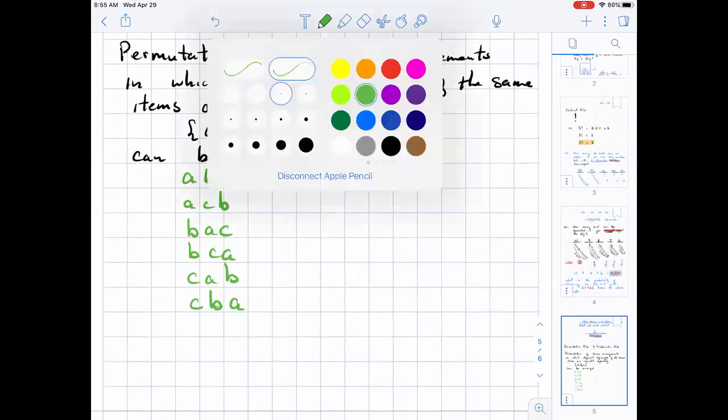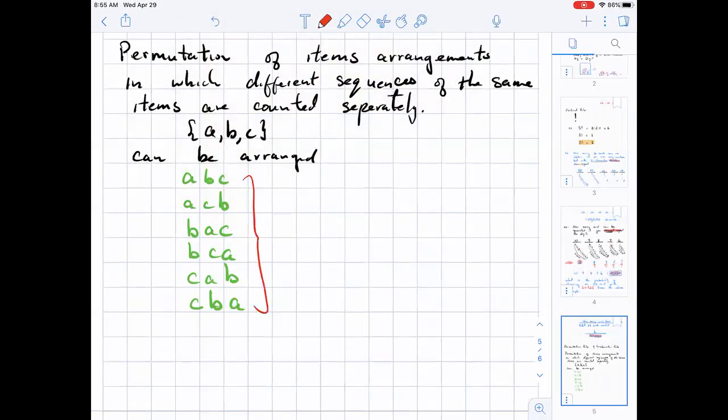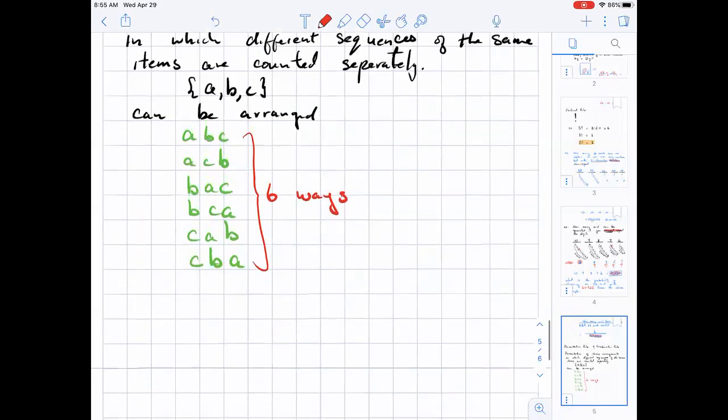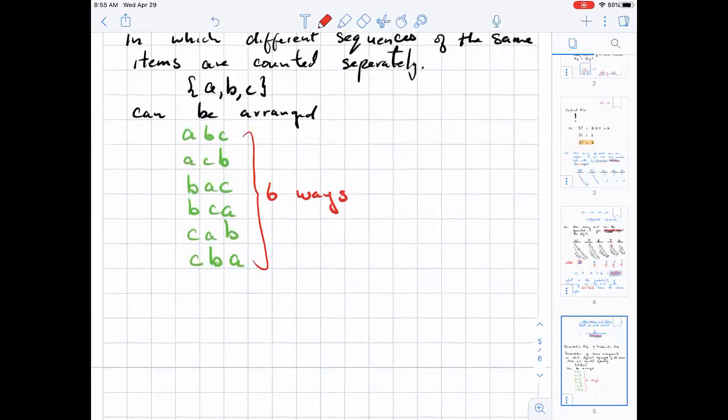So here we have a total of 6 ways, and each one of them is counted separately.